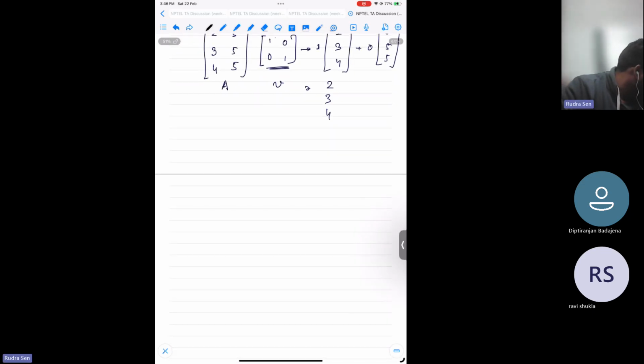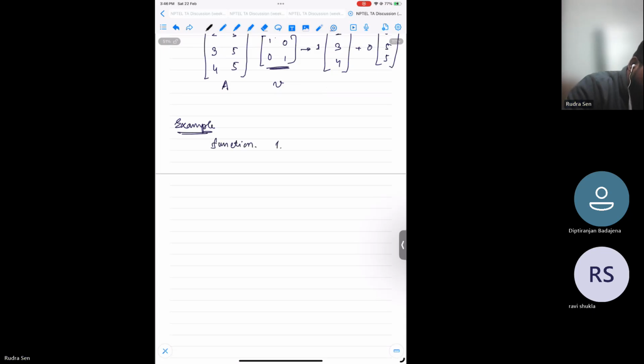Now, derivative. Derivative and integral, these two are also linear transformations. Here we are talking about, let's say, a function basis: 1, x, x square, x cube.